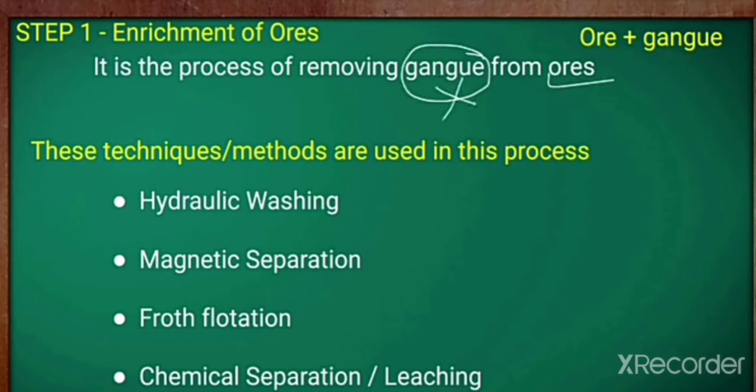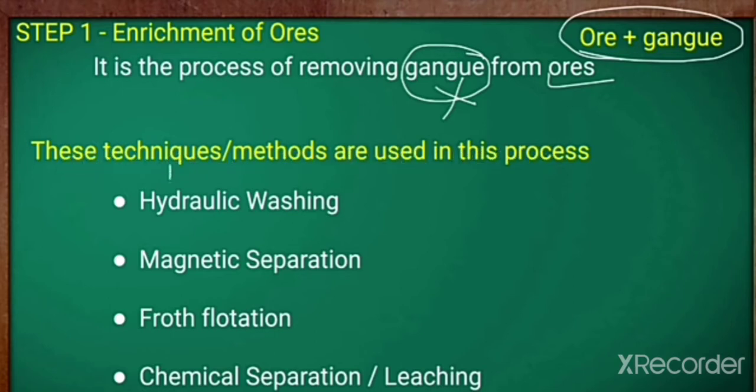These techniques or methods are used in the process: hydraulic washing. What they do is wash that gangue material with water, which is known as hydraulic washing. Next is magnetic separation. They take a magnetic belt with a roller.